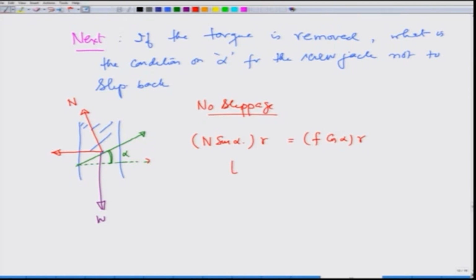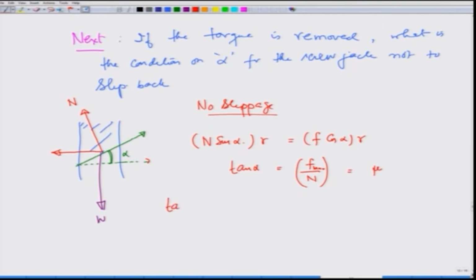That gives me tan alpha is equal to F over N, which, if I am just at the point where it may just slip, then I should have F max here, and this becomes equal to mu.